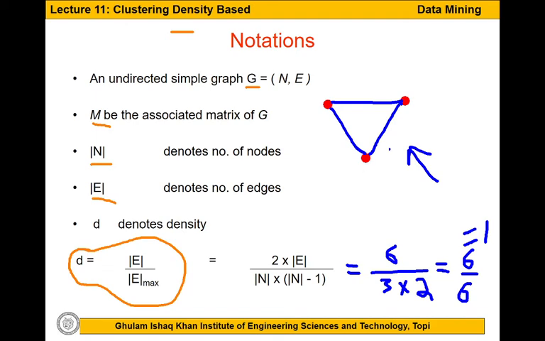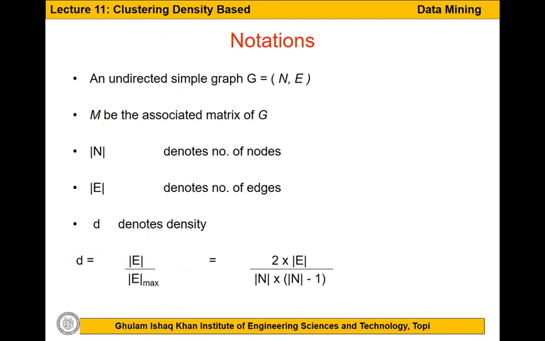As compared, for example, if we draw the same graph with only one edge, in that case the density of the graph will be number of edges multiplied by 2, 1 multiplied by 2, divided by, we know now that this will be 6.